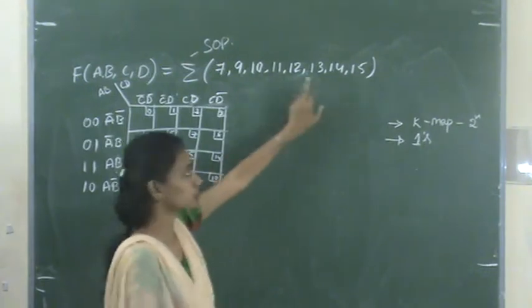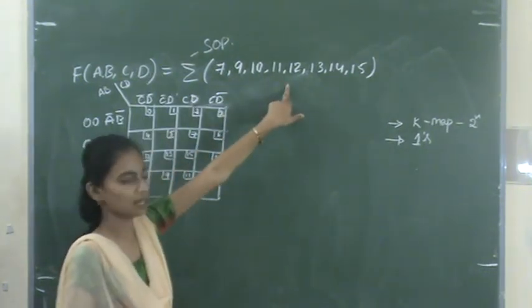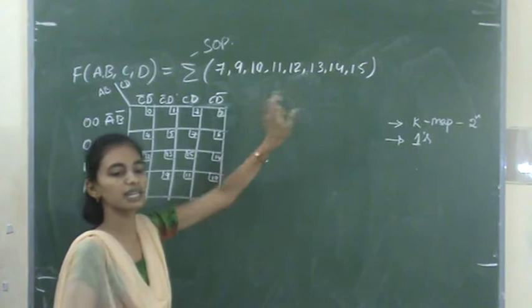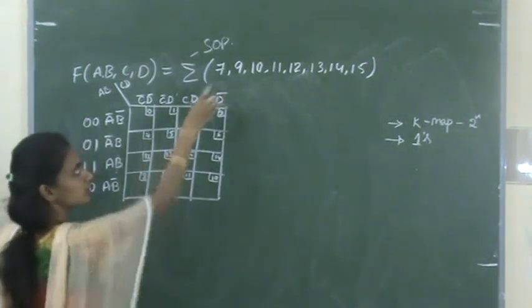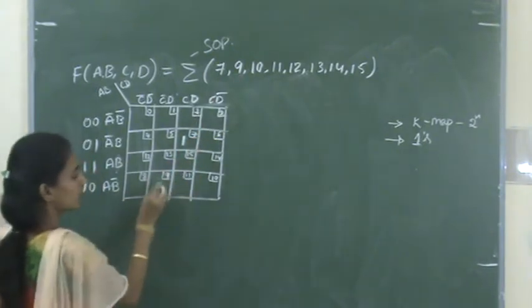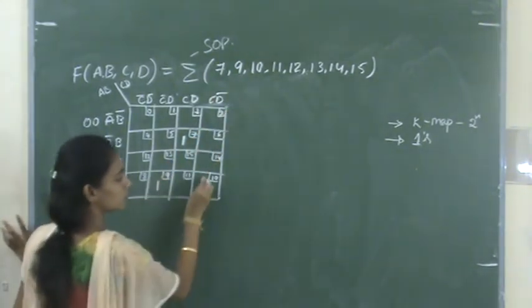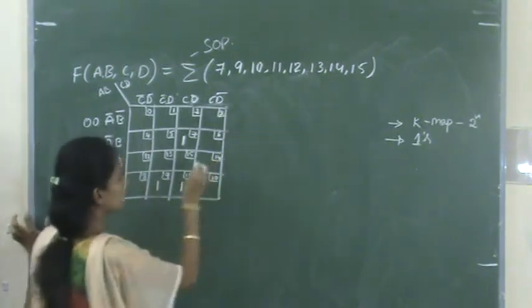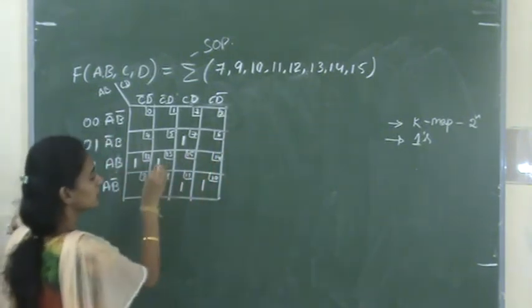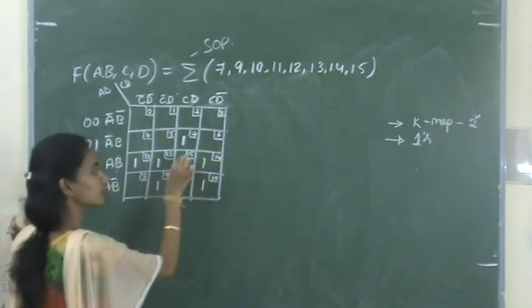So this is the output they mention. Wherever we have these numbers, write ones there. Okay. So we have 7, then 9, then 10, then 11, 12, 13, then 14, then 15.